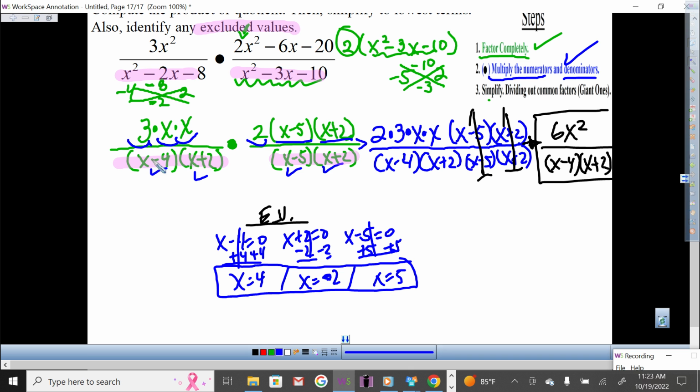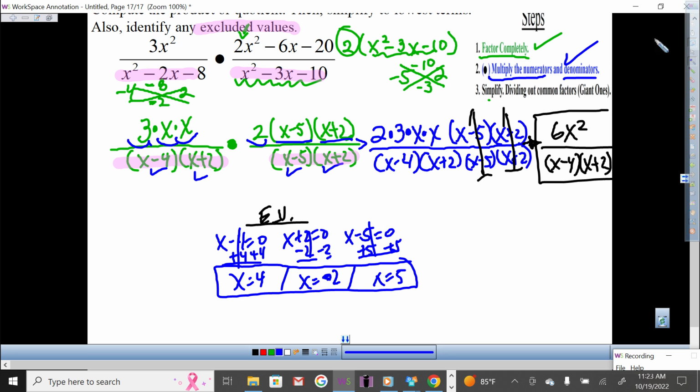So let's see. Do I have all of them? X minus 4, yes. X plus 2, yes. X minus 5, yes. X plus 2, I already have it. I don't rewrite it again. There it is. All right, I think we got it, yes. A little bit like our noodle starting to turn a little bit more, yes.